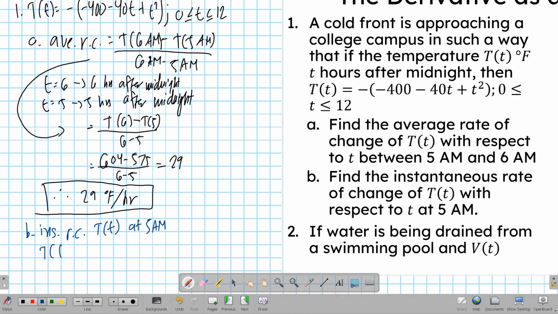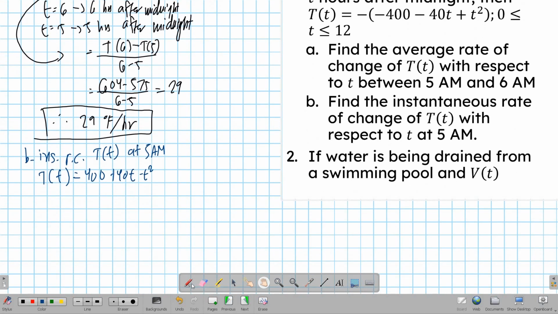So first, if we're going to simplify that, it is actually equal to 400 plus 40t minus t squared. Therefore, finding the derivative, t prime of t will be equal to 40 minus 2t.